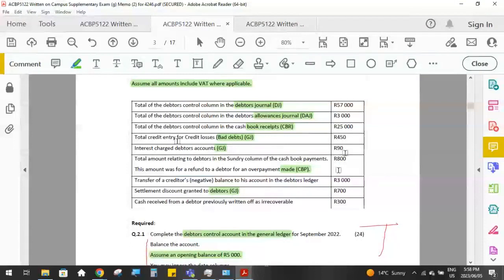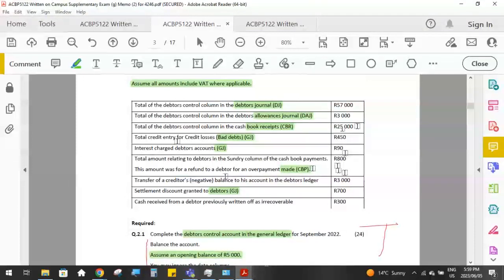So that was the 90 Rand, and then 800 Rand. We had to refund a debtor for an overpayment that was made. So in our cash book receipts, in the debtors control column, presumably included in this 25,000, one of the debtors paid us too much, 800 Rand too much, and we have to refund them.